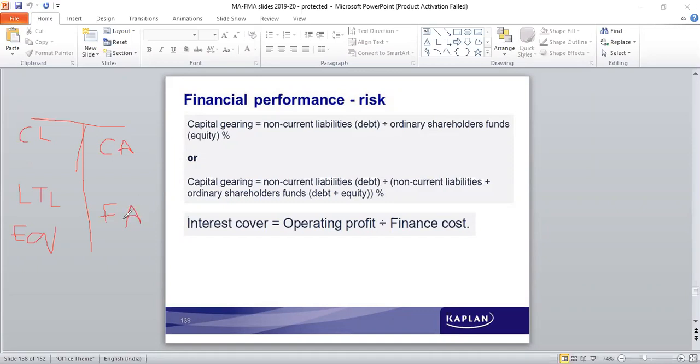There can be profit earned from fixed assets, but it is very difficult to convert them back into cash.